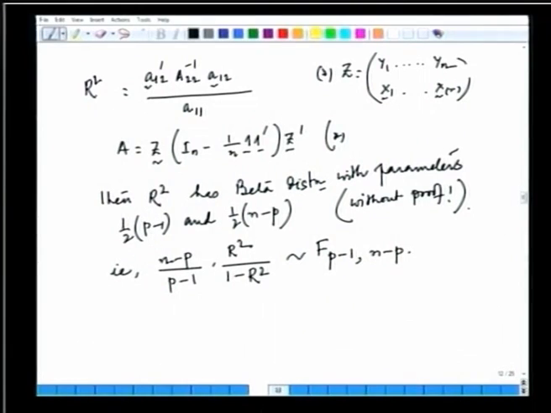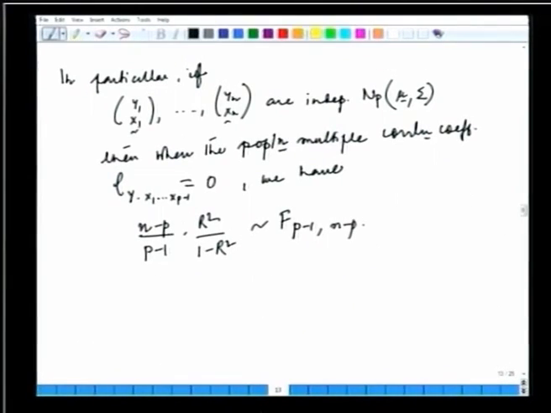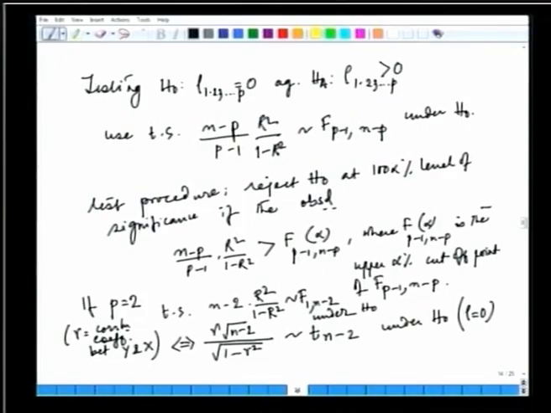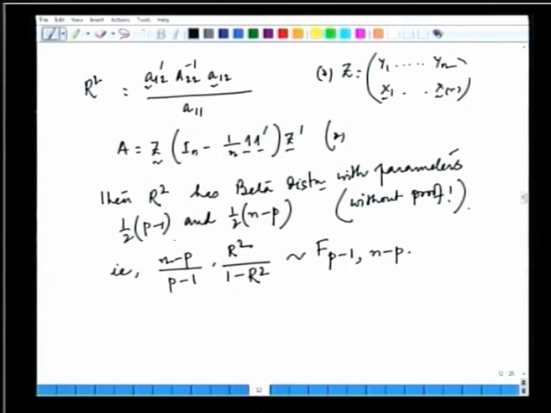And the fact that helps us in the testing of hypothesis of the population correlation coefficient is the situation where we use a distributional assumption of a multivariate normal for y and x, the joint distribution of this as a p-variate multivariate normal. So, as we were saying, the distribution of R square is a beta distribution with these parameters p minus 1 by 2 and n minus p by 2. This we have accepted without actually deriving.